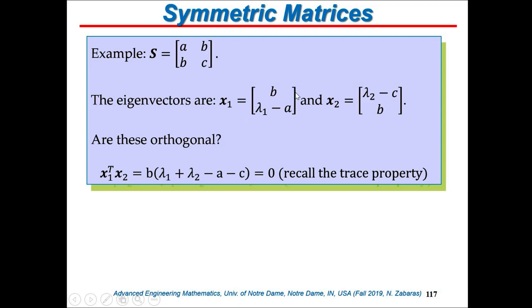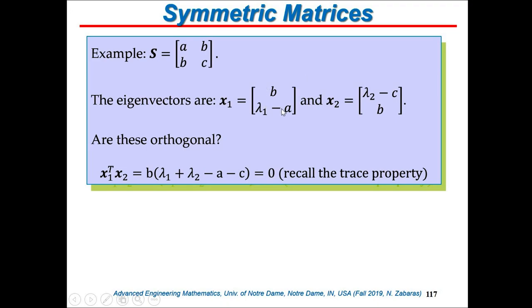And you can see, if you take the orthogonality, without having to compute lambda 1 and lambda 2, you're going to have b times (lambda 2 minus c) plus b times (lambda 1 minus a). If I take b outside, I have b times (lambda 1 plus lambda 2 minus a minus c). And this is equal to 0 because the sum of the two eigenvalues is always the trace.